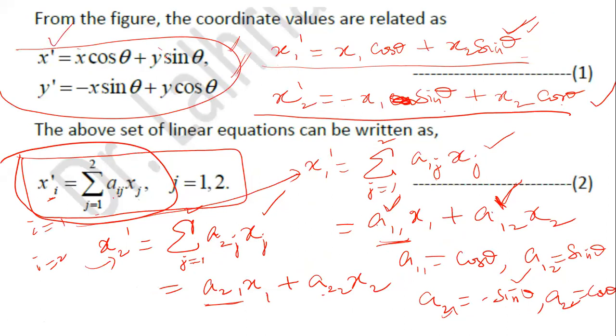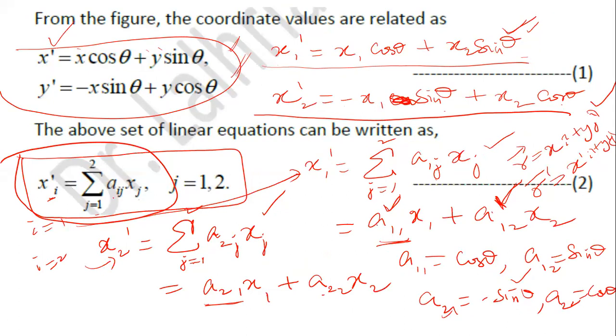X and Y are components of the position vector. If you are having a two-dimensional space, xi, yj is the position vector in unprimed. The position vector in the corresponding prime will be x prime i, y prime j. All right. So we have written down the transformation relations.